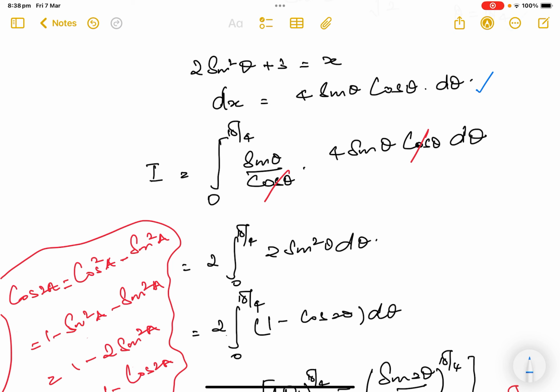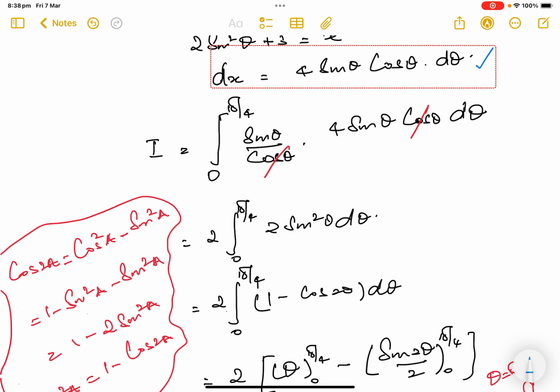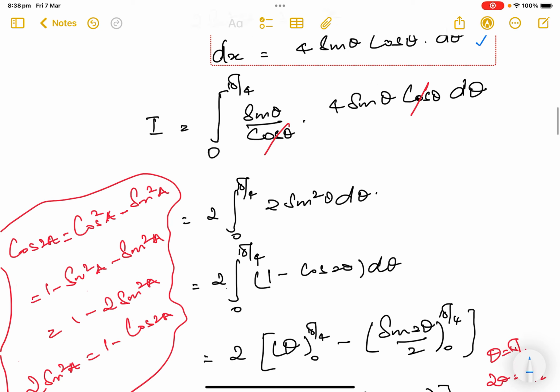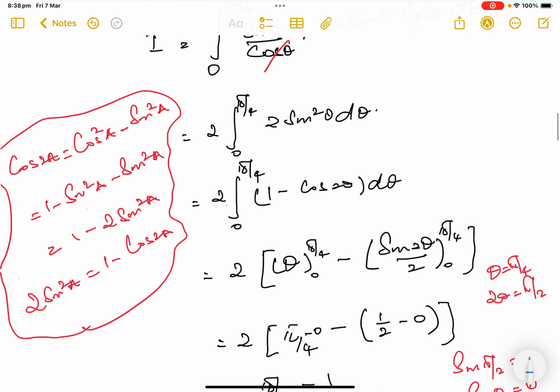So everything is found. We can change I to limits 0 to pi by 4, and the function sine theta over cos theta, with dx as 4 sine theta cos theta d theta. Cos theta cancels out, and what we have is 4 sine squared theta. I purposely took 2 out and left 2 sine squared theta inside the integration, with limits 0 to pi by 4.